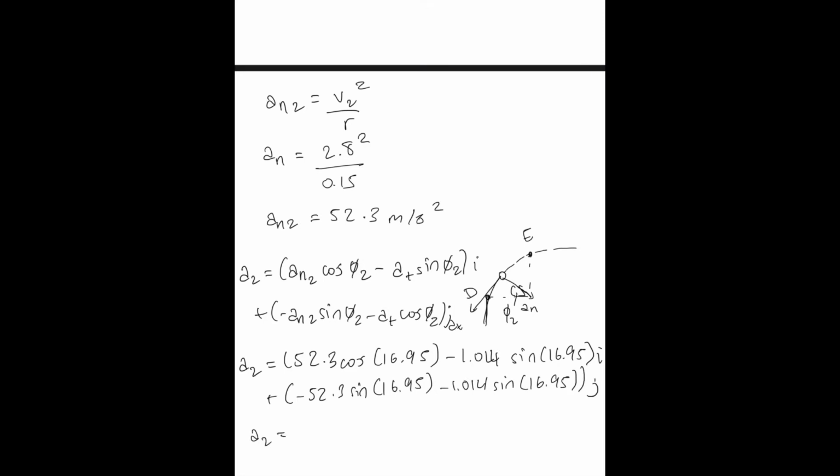And finally, we can get A2 is equal to 49.7I minus 15.5J meters per second squared. And this is the final answer for part B.